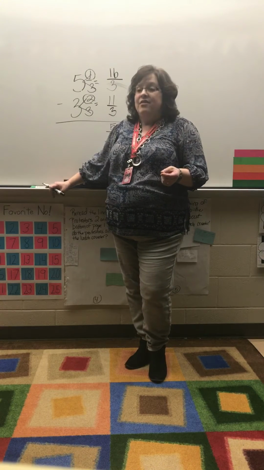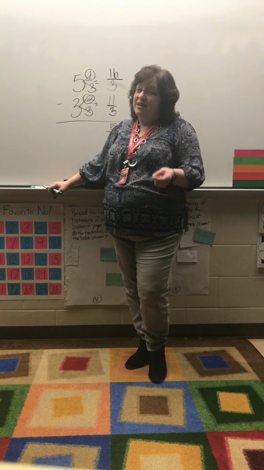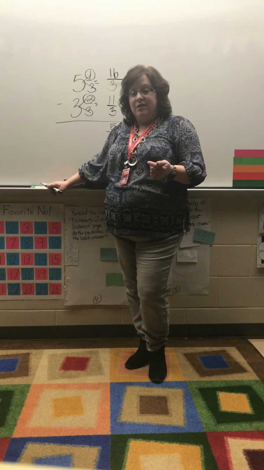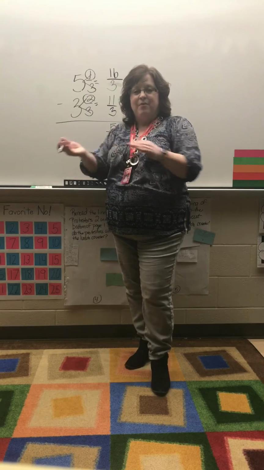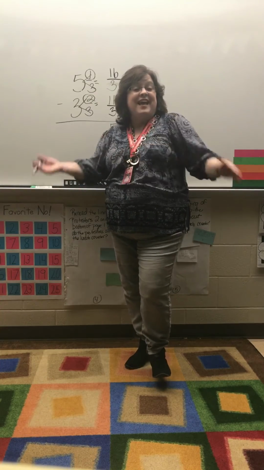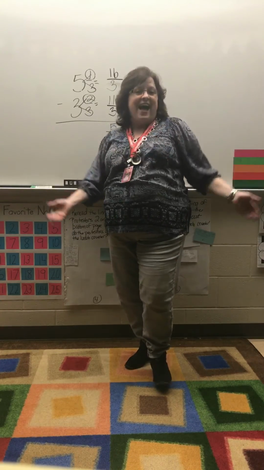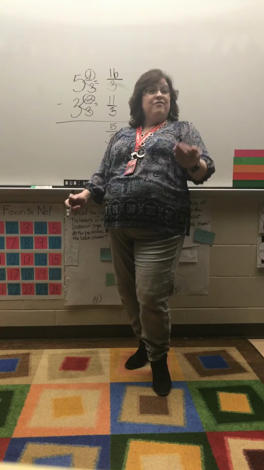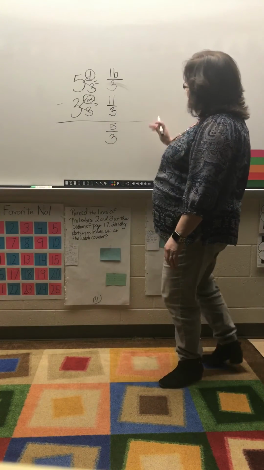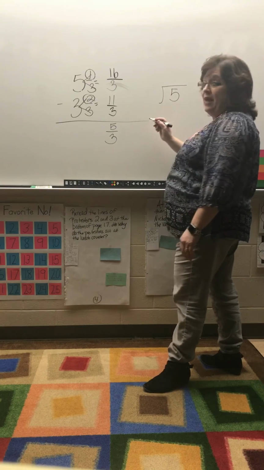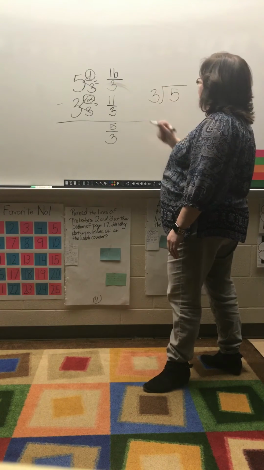We've been practicing this and doing this for homework, so let's see if we can do it. Mrs. Holtzapfel came up with a really good little chant for this. Improper fraction, division is the action. So we're going to divide. I'm going to put my 5 here and my 3 here.